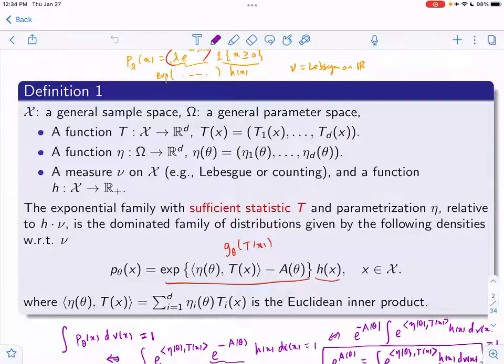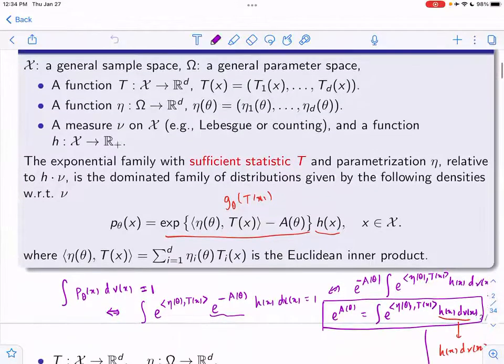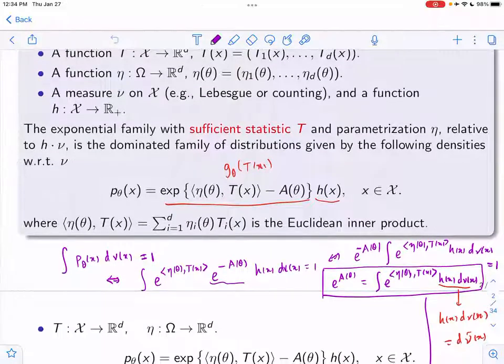So last time we started talking about exponential families, and we discussed the basic definition, which is a family of distributions dominated by some measure nu, let's say. Because the family is dominated, we'll have densities.